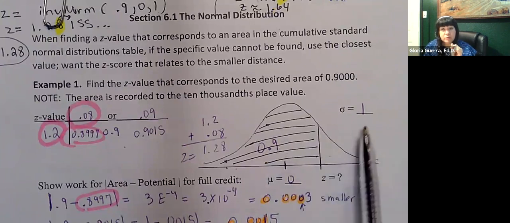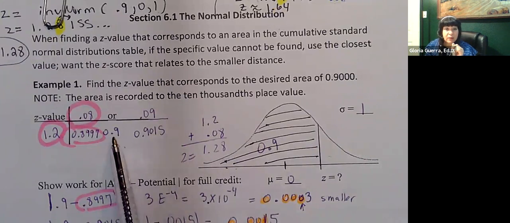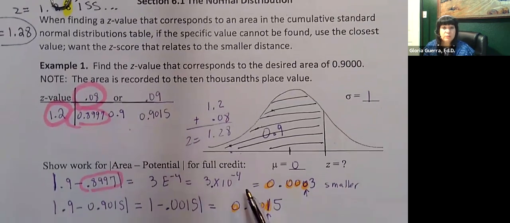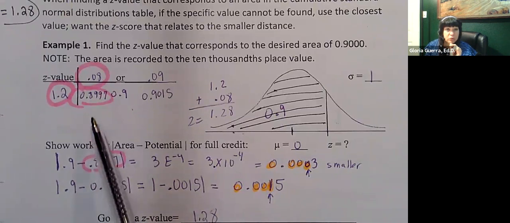I put mu 0, sigma 1, but we're trying to find this area to the left of the curve. And 0.09 on the table was between these two values and between these two z's. So we had to find which one was the smaller distance. Remember, we subtracted area minus potential. Area is 0.09 minus these two potentials.